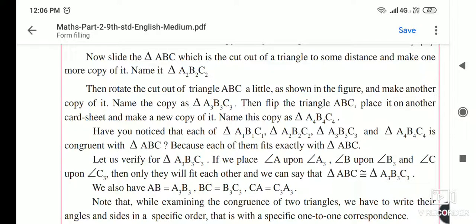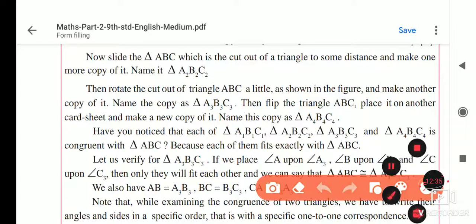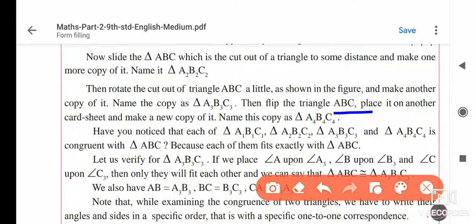A3, B3, C3. Now flip the triangle ABC and place it on another card sheet. We take this triangle out from that card sheet, keep it on another card sheet and make a copy of it, and that is A4, B4, C4.